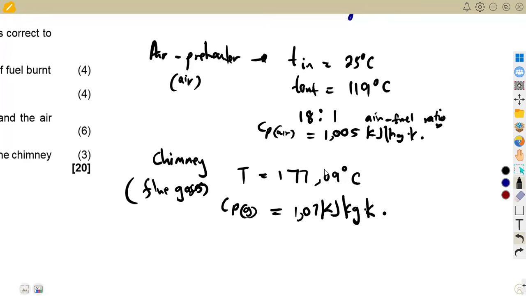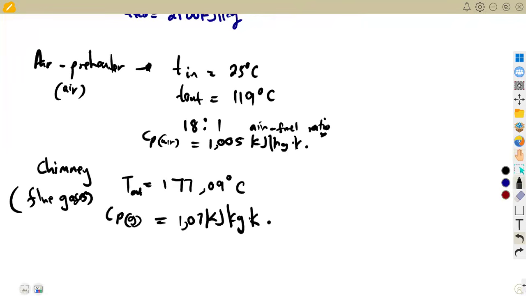So now the question is, from this information that we have, remember I said the chimney base temperature is our T out. So what is going to be T in? T in is the temperature at the preheater. Remember it will be like this. The air preheater is somewhere here. Then the chimney is like this.